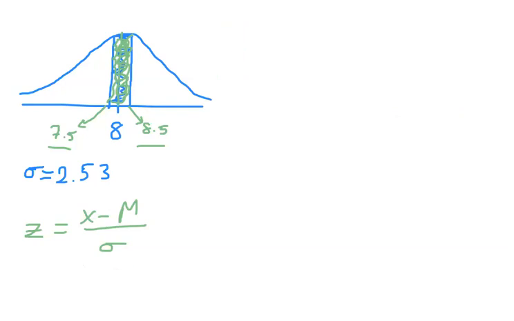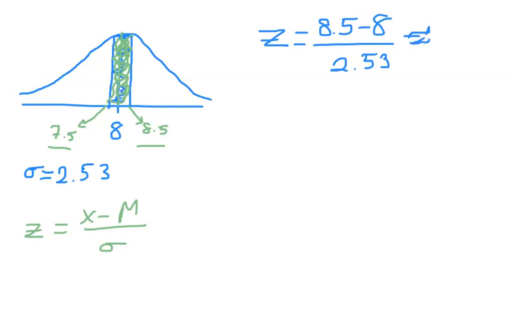I can use 7.5, but I choose to use x equal to 8.5, the mean is 8, and I divide by the standard deviation, which is 2.53. When I did my calculation, I got approximately 0.2.